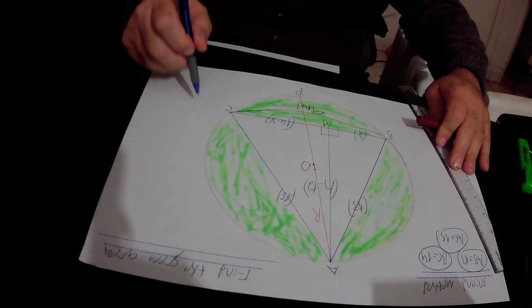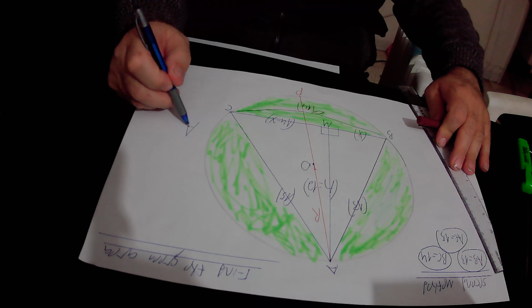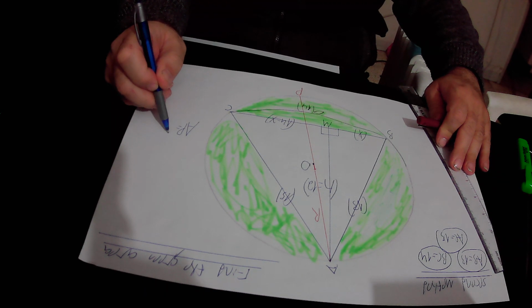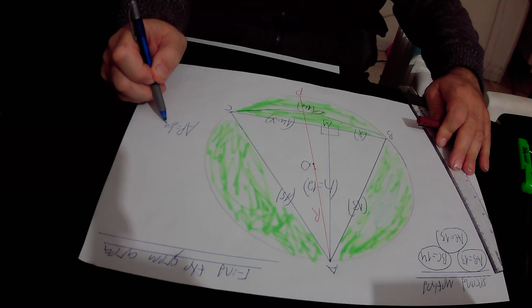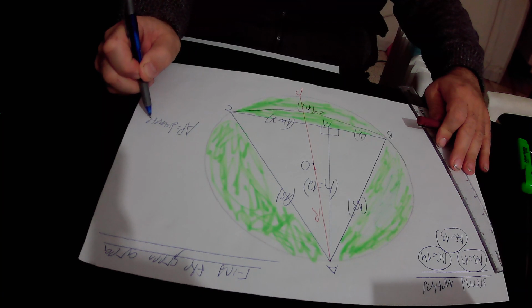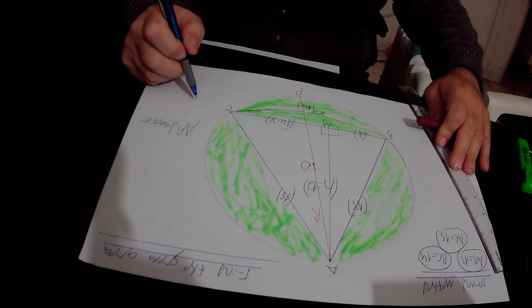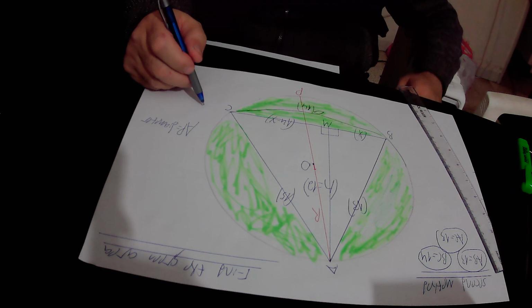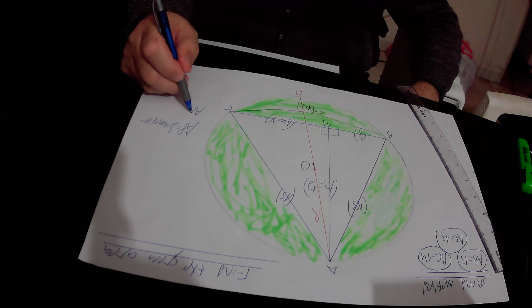So I write it down here. That chord AP is the diameter of the circle. We know that the diameter of any circle is twice as long as the radius.